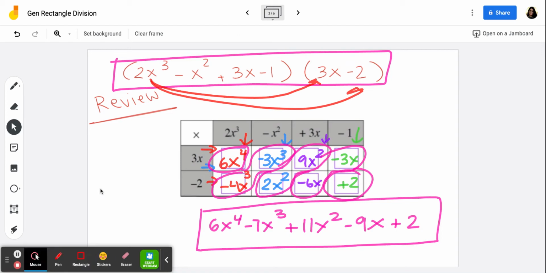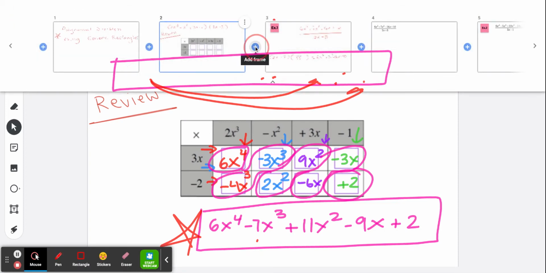The title of this section is polynomial division. You've just done polynomial multiplication. So division is the opposite. We're going to be given this and one of these, and we're going to have to create the other factor. It's working backwards. So before we try that, let's make sure we understand what exactly division is.